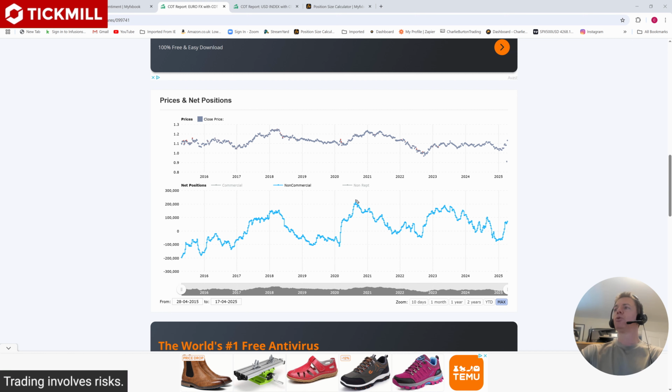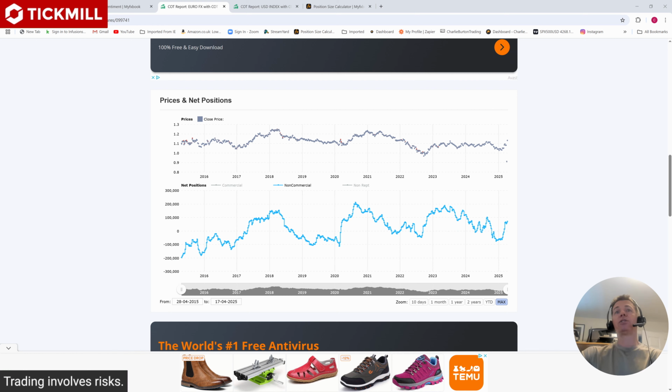So like back in 2020, that was an all-time high in long positioning for the euro. And back down here, you can't quite see it, in 2015, we were at an all-time low as far as positioning was concerned at that stage. Where are we right now? About in the middle. So the positioning right now isn't saying too much to me. So that tends to be what I'm looking for.